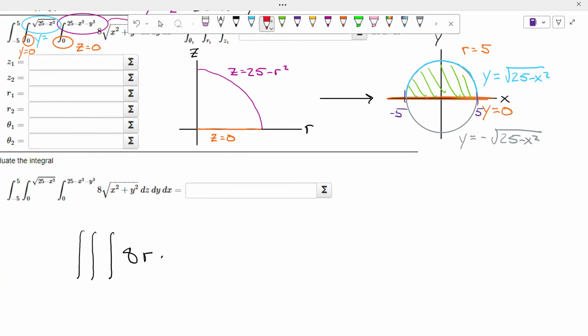Because it's a cylindrical coordinate integral, don't forget to multiply by an extra r for that Jacobian. Throw in our dz, dr, and d theta, and then figure out our limits. So z is up first. It's going to go from 0 to 25 minus r squared.